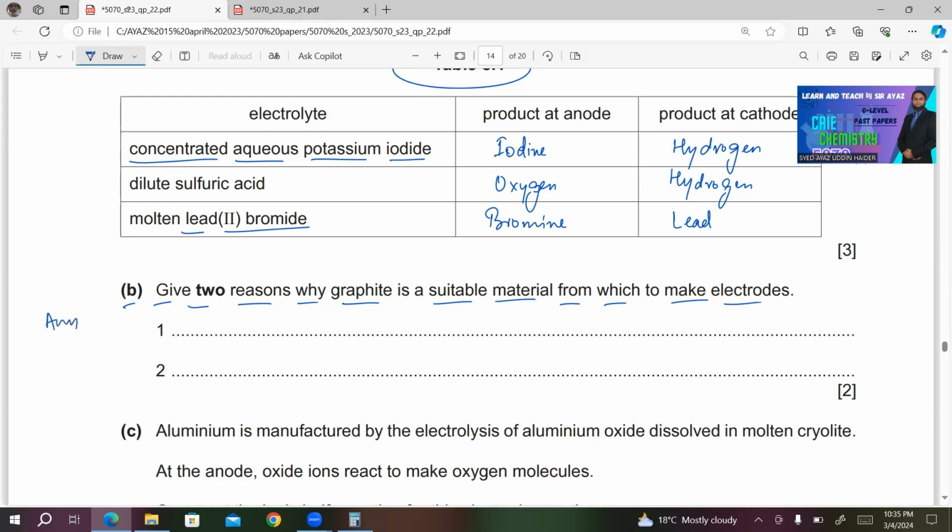So any two from: inert or unreactive, conducts electricity, has a high melting point.